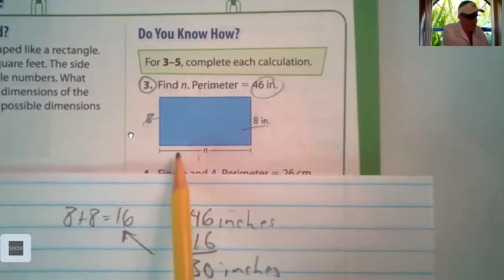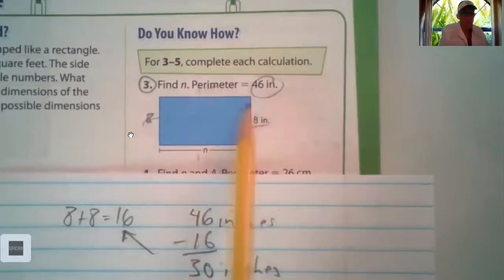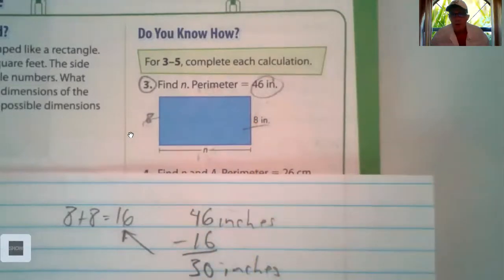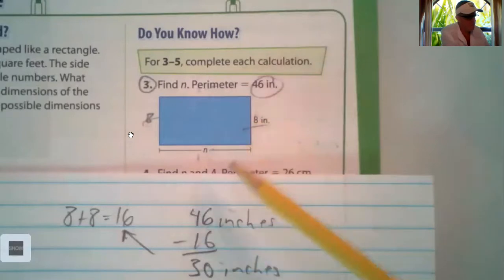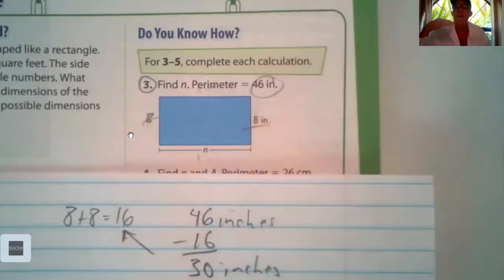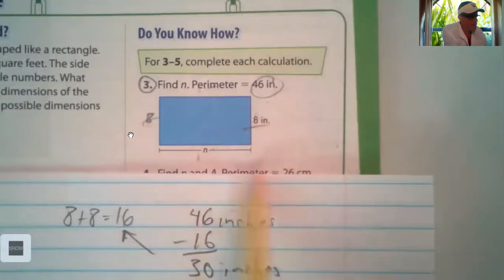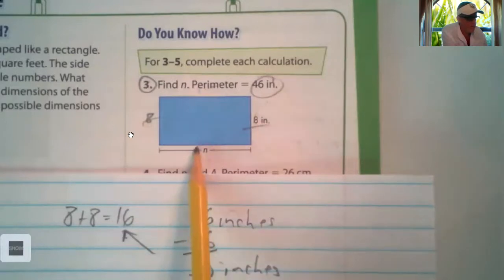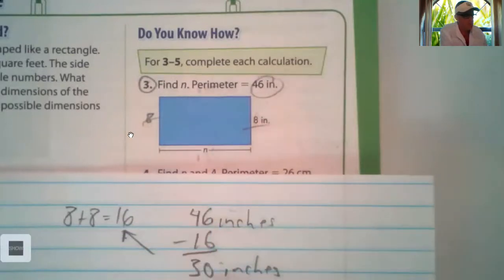So I know this side and this side must total a combined 30 inches. Would that be 30 inches for this width and 30 inches for this width? No, but you will see that on every question similar to this. The remaining distance around, minus these 2 sides, is 30 inches, but I see one width here and another width here. So I'm going to divide 30 by 2.